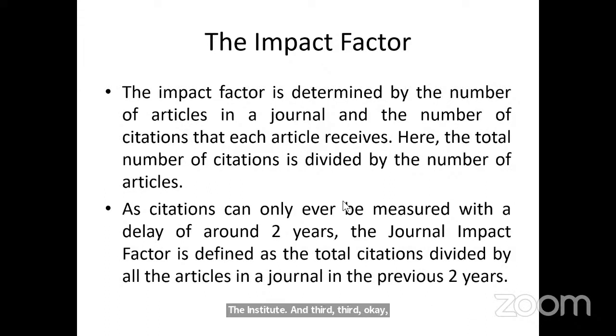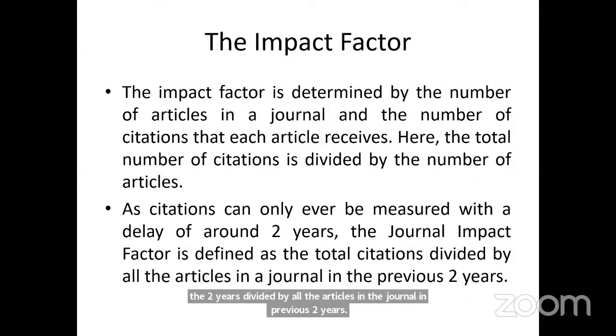So the impact factor is related to the journal. Now, how do we calculate the impact factor? As citations can only ever be measured with a delay of around 2 years, the journal impact factor is defined as the total citations in the 2 years divided by all the articles in the journal in the previous 2 years. Why were those 2 years taken?